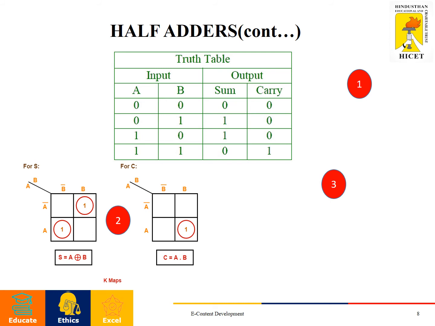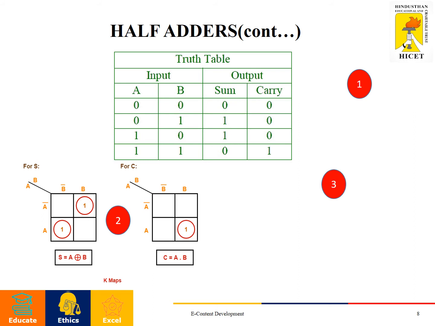And this is the K-map for sum. Since the value is 1 for the 0 1 and 1 0 combinations, this is 1 for 0 1 and this is 1 for the 1 0 combination. And from this K-map we can write the logical expression. This logical expression is sum is equal to A XOR B.